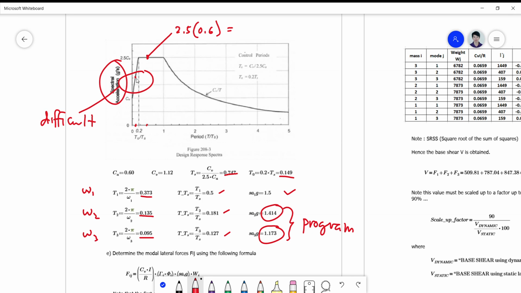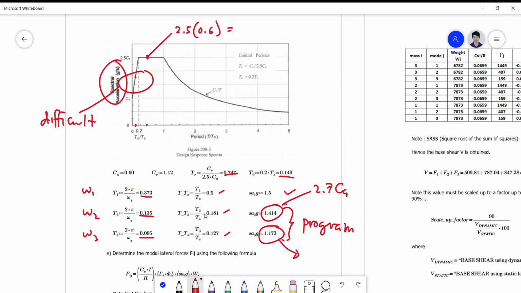So 0.181 is around 2.7 CA. I don't know if I am correct. And this is 0.127, maybe.